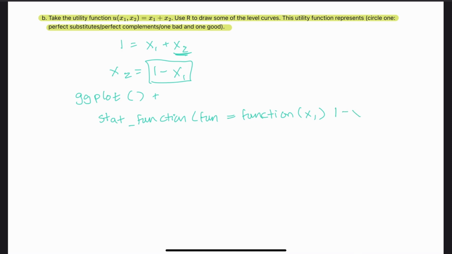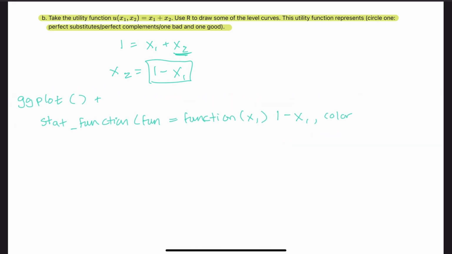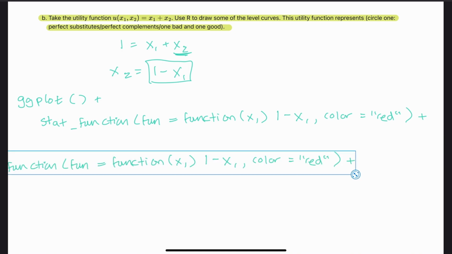Say 1 minus x1 and give it a color. Color equals red. And then I'll draw a level, so that's the level curve for utility of 1.